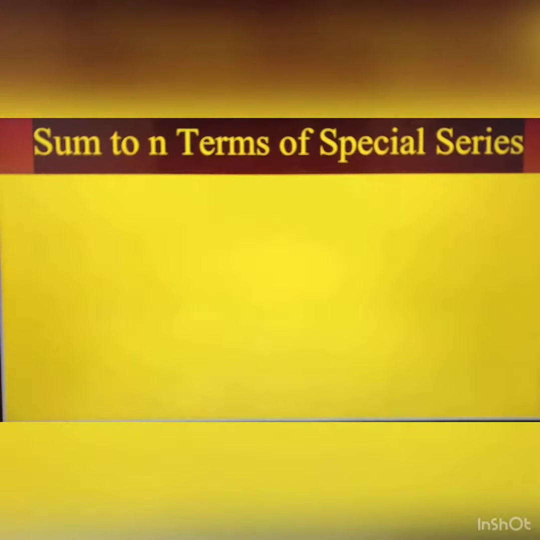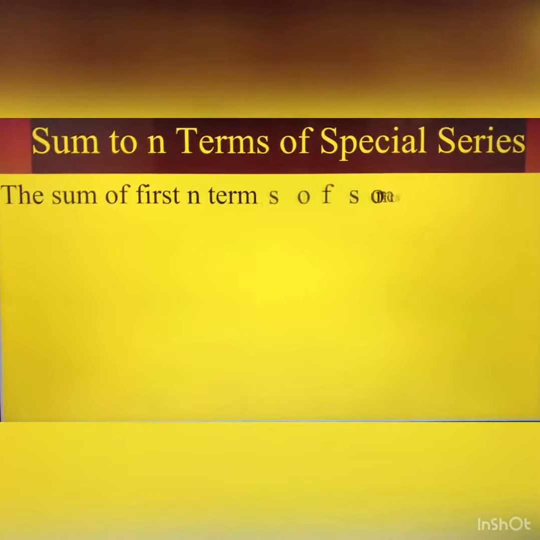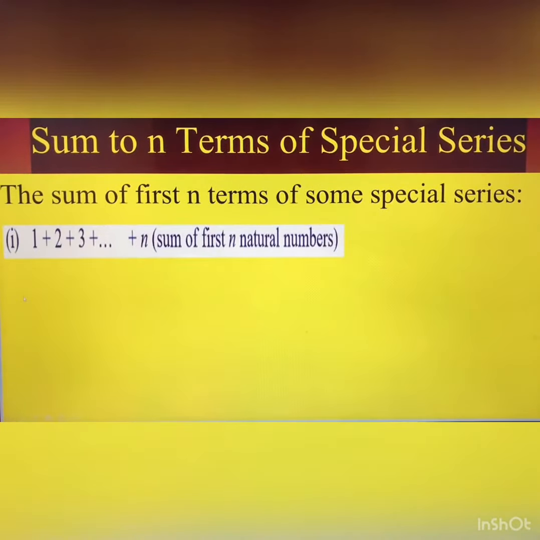Now the sum of n terms of special series. How can you find the sum of a special series? The sum of the first n terms of some special series, if the series is given in this form, 1 plus 2 plus 3 plus up to n, that is the sum of all natural numbers. This is denoted by sigma n, and we will use directly this formula, that is n into n plus 1 by 2.